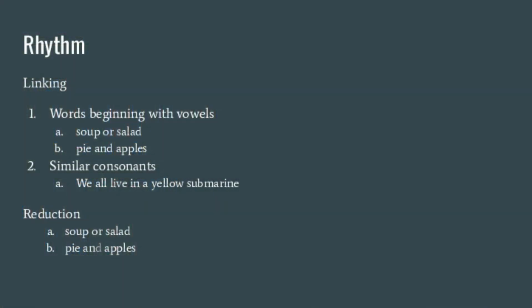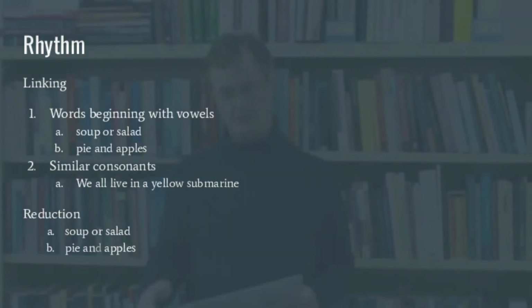And by the way, there's also consonant-consonant linking when you have two similar consonants across words, like "we all live in a yellow submarine," and that's the "all live." That's a famous song. "All live" is a consonant-consonant linking of similar consonant sounds.